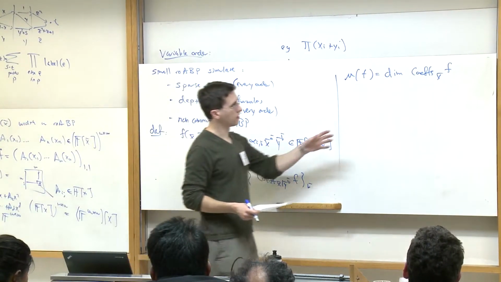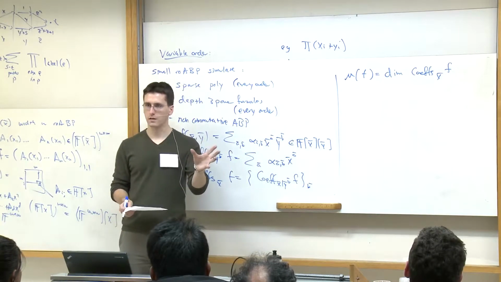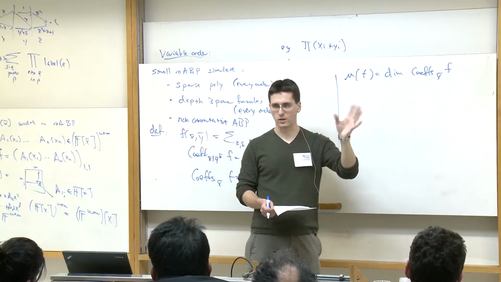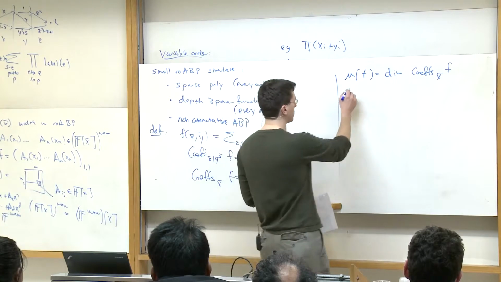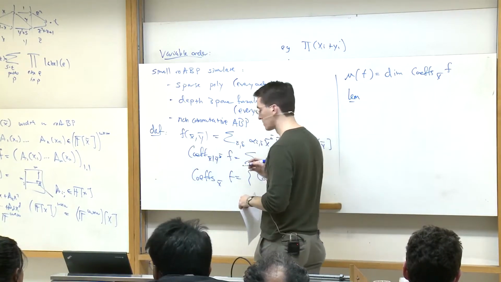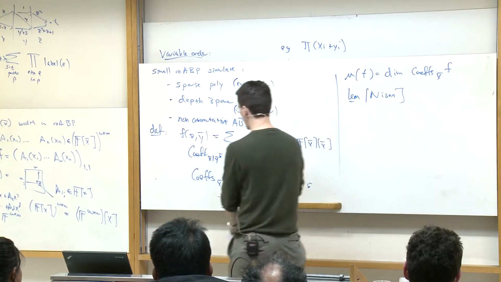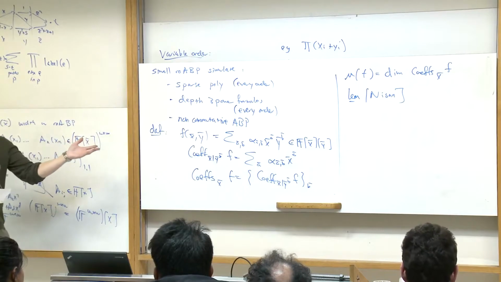It's worth noting that there's a certain symmetry between x and y. I chose x, but you could also say the dimension of coefficients with respect to y. It turns out it's equal, so there's no confusion there. The lemma here, basically implicit in the work of Nisan and mentioned by Ramprasad this morning, is that these read-once ABPs are small with respect to this measure.